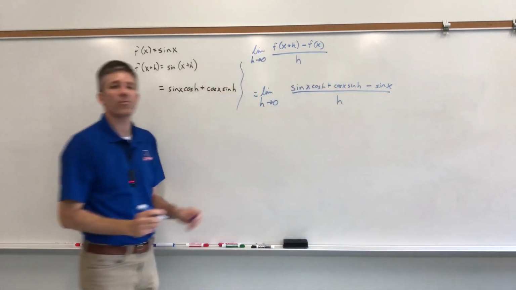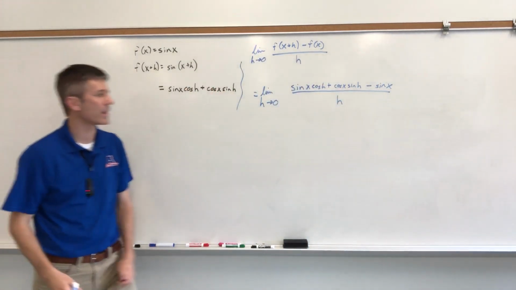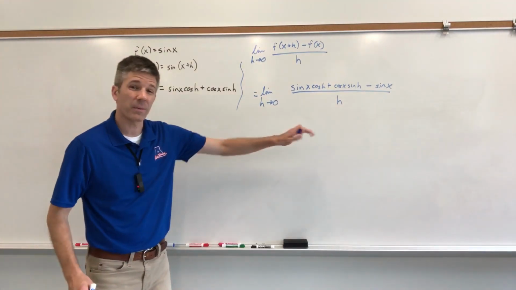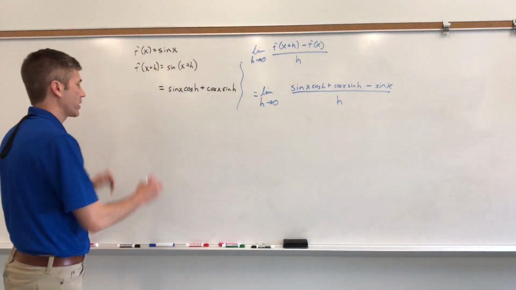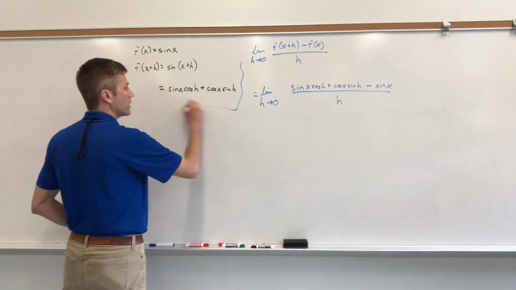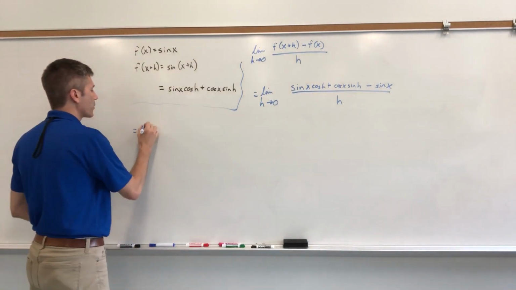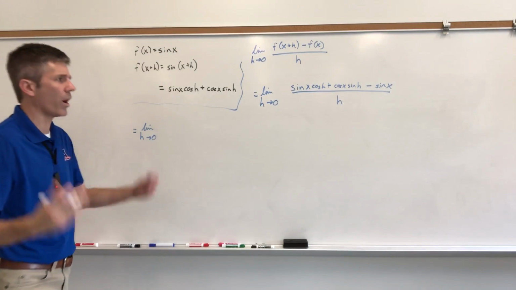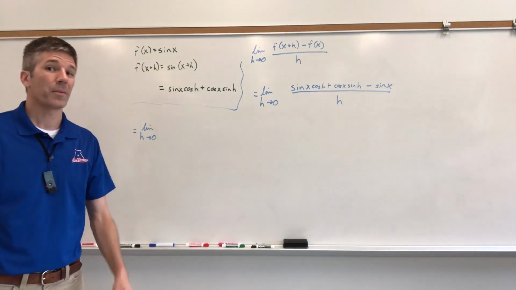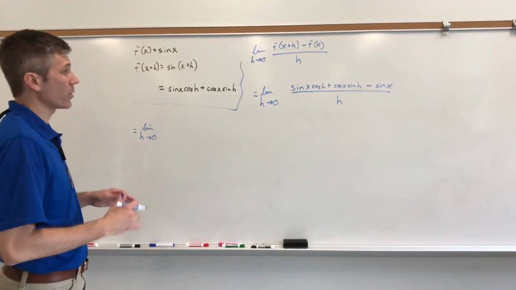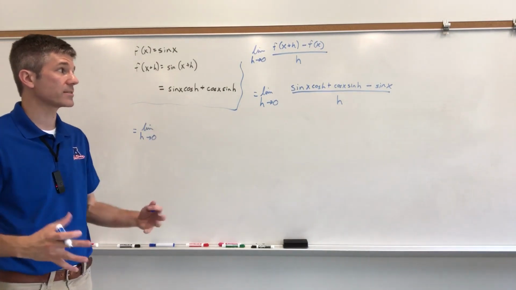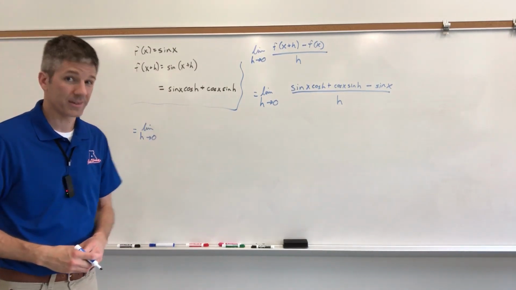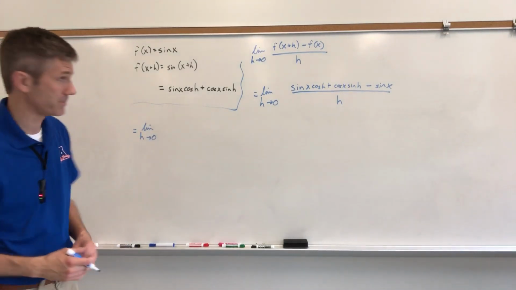Okay, plugging in 0 for h is not going to happen. Good luck with that. Nope, not going to happen. I'm going to run out of space if I keep going down this way, so I'm going to bring it over here. All my blue stuff is going to come over here, and we're going to have the limit as h approaches 0. Of what? Well, I'm going to stretch this out a few extra steps. We're going to rearrange a few things and kind of go from there. And you'll see where this is headed in just a minute.